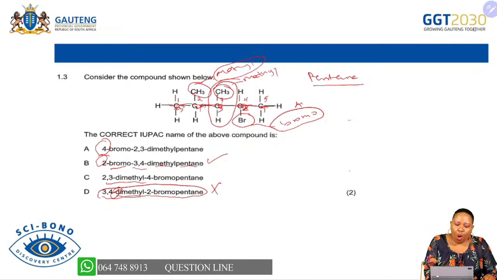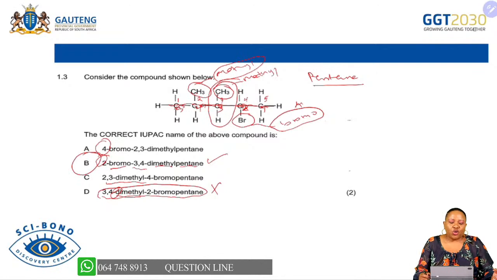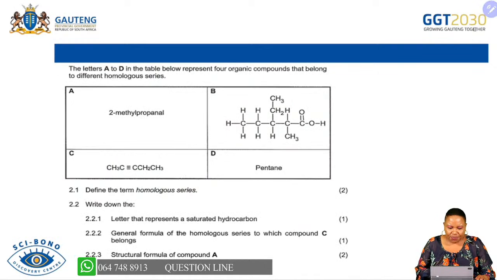So that is why our correct answer is B, 2-bromo-3,4-dimethylpentane. And this question, if it was a long question, would have been provided 3 marks, but now because it's multiple choice, it is provided 2 marks.